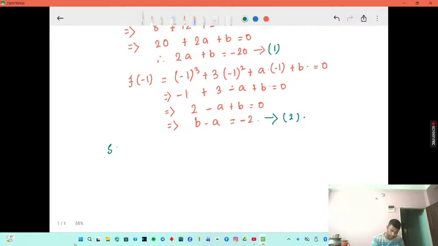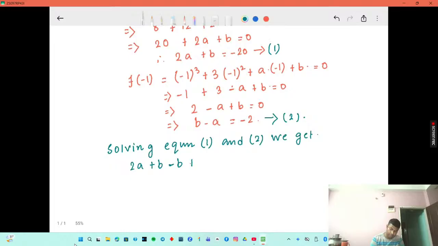Solving equations 1 and 2, we get 2a plus b minus b plus a is equal to minus 20 plus 2.